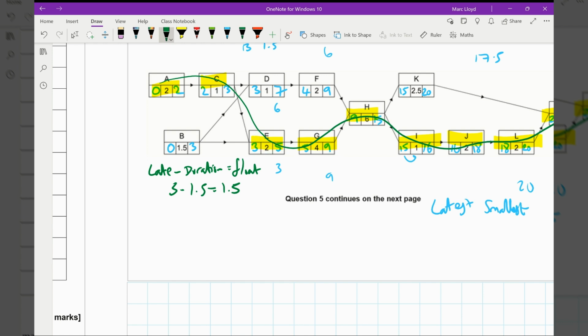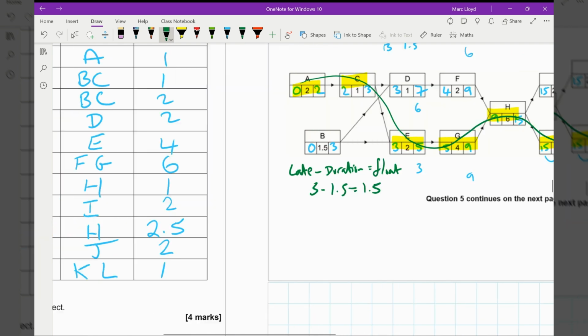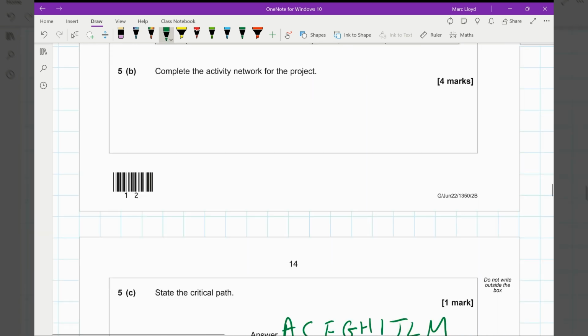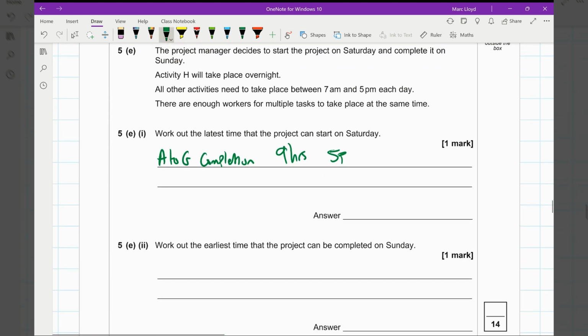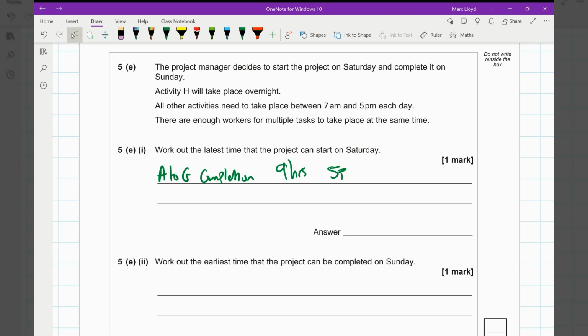So that takes 9 hours. And from 5 p.m. we want to go backwards. I think I know what I did here now. I'm going to convert it though. From 17, take away 9. That gives us 8 a.m. So the latest that should start is 8 a.m.